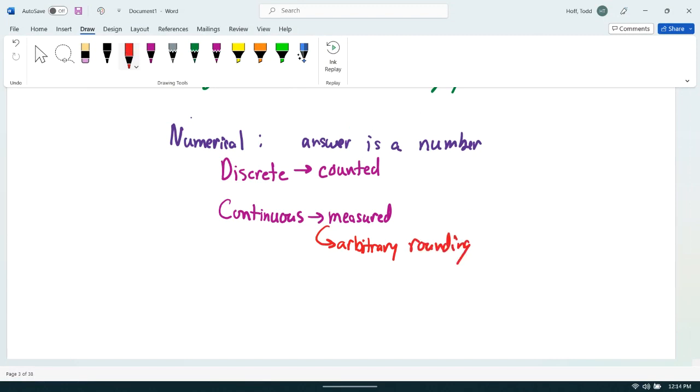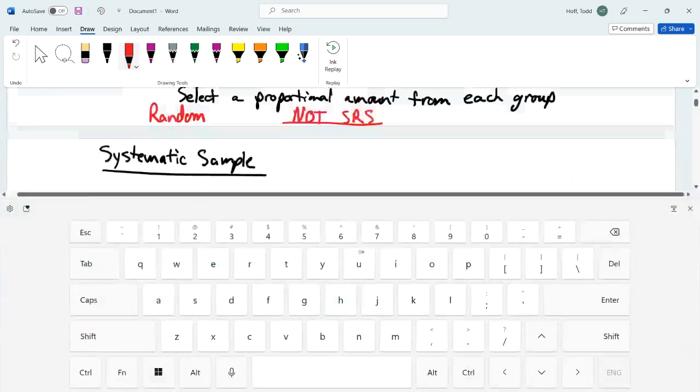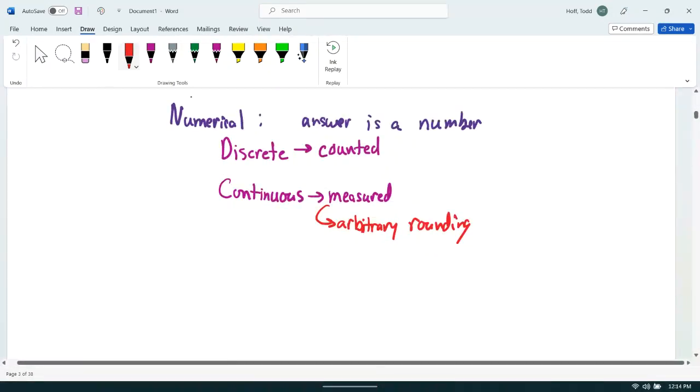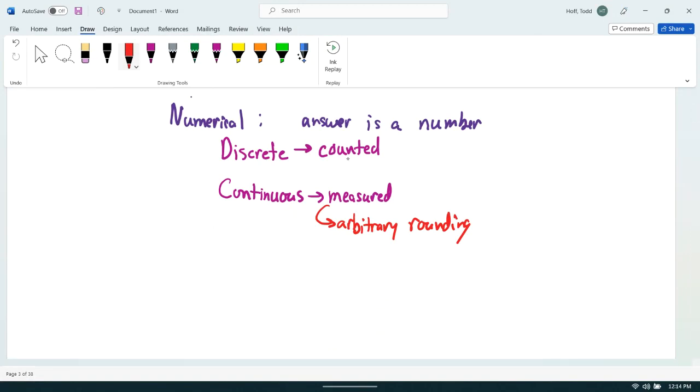We could time the task to as small of a number as we want to, but it's not practical. We're going to, at some point, arbitrarily decide that we're only going to go down to the hundredth of a second, or whatever we decide to go to. Whereas with discrete, there's natural rounding.